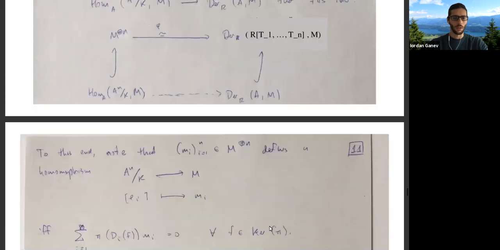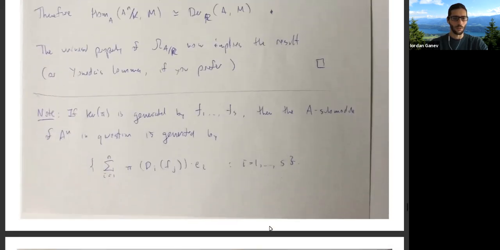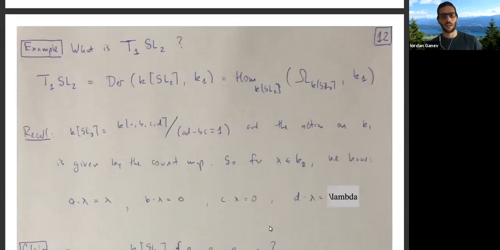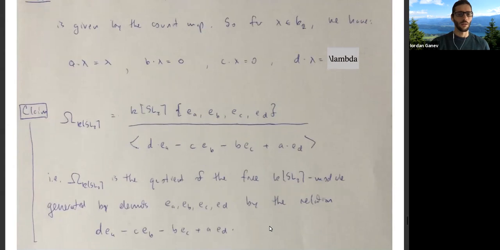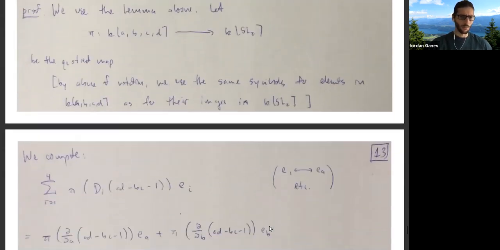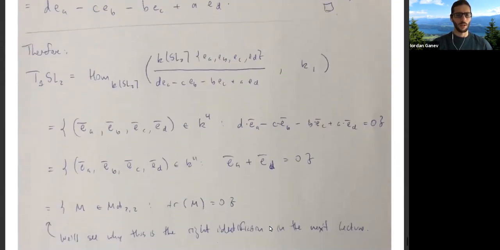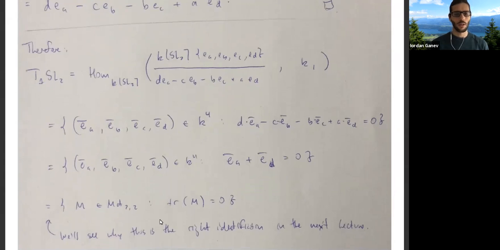So then we proved it, and we talked about the example of SL_n. We used this somewhat technical proposition to compute the tangent space at 1 of SL2, and we got that it's three-dimensional, as we already know, since SL2 is three-dimensional and smooth, and it can be described as 2x2 matrices with trace 0. And we'll return to this example later in today's lecture.